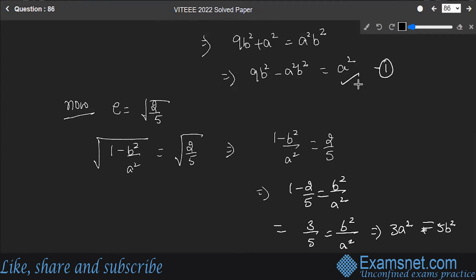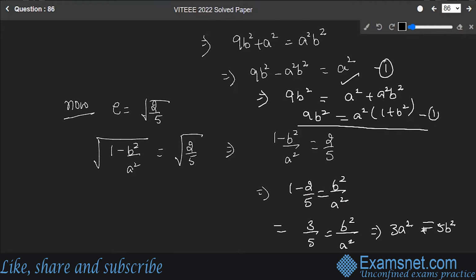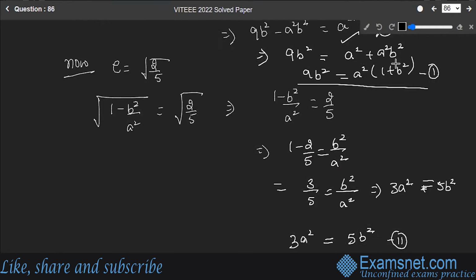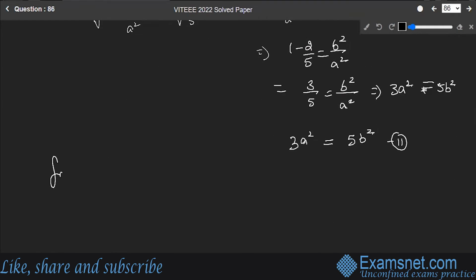I'll take 9b square equals a square plus a square b square, or I'll take a square common, a square times (1 plus b square). So from 1, we had 9b square equals a square (1 plus b square).